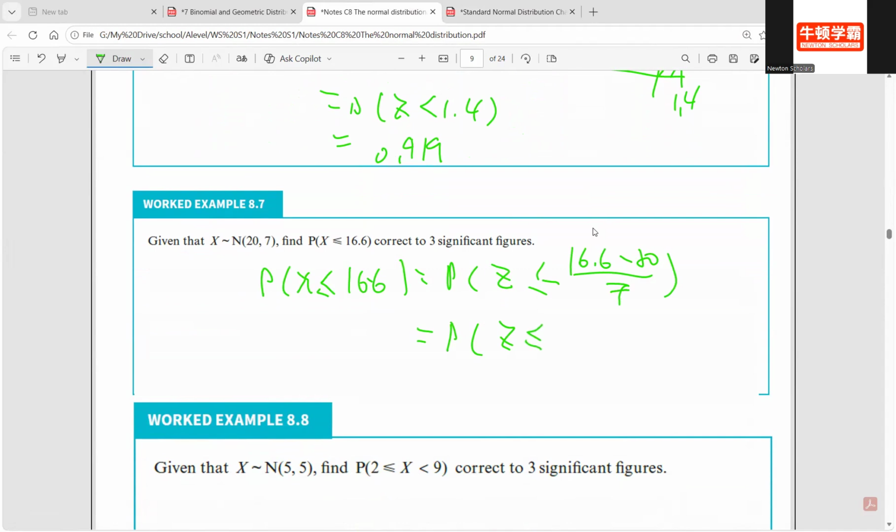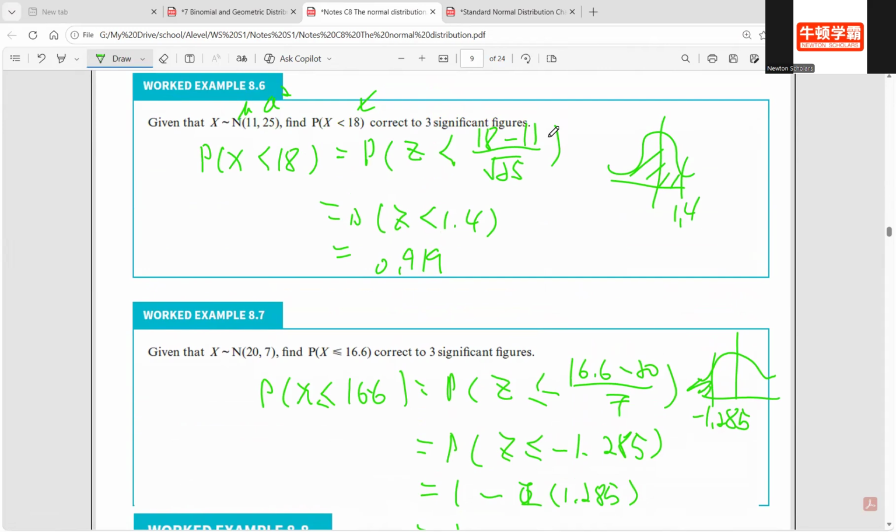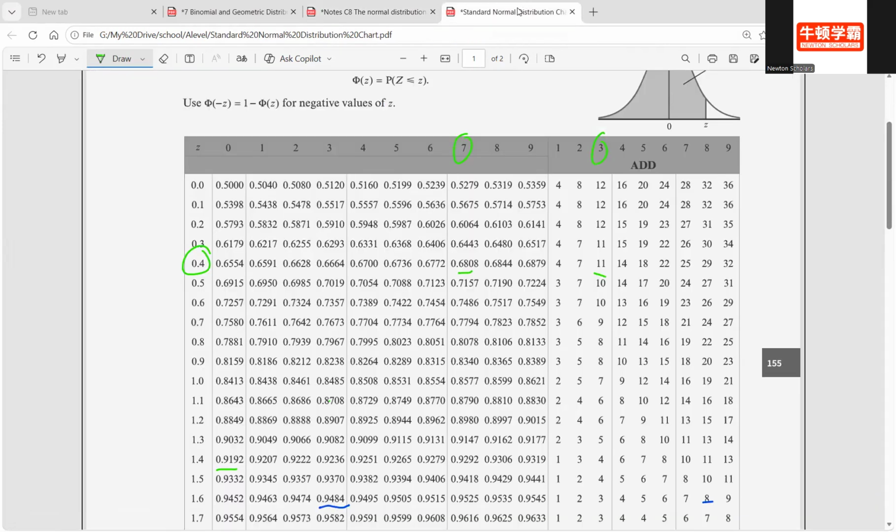You just press the calculator and you get negative 1.285. It's actually here, meaning it is less than this side, right? So according to just now, we need to find 1 minus 1.285. Okay, we go back to this table.